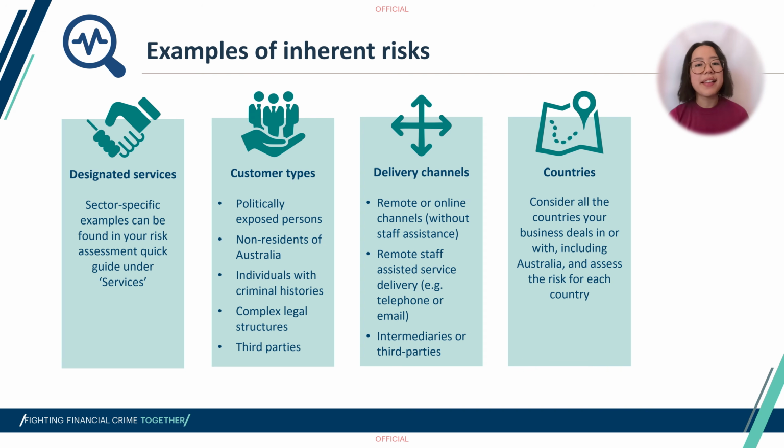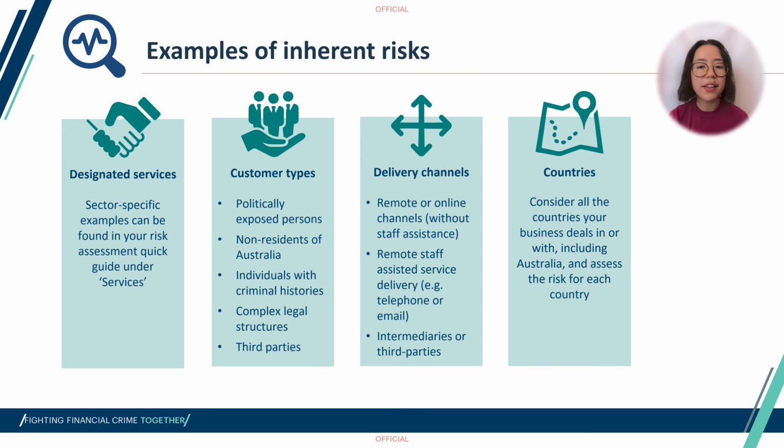We've gathered some examples of risk factors for each of the risk categories. It's important to note that these examples are not intended to include all potential risk factors that could be linked to these risk categories. For designated services, you can find some sector-specific examples in your risk assessment quick guide under the services heading.